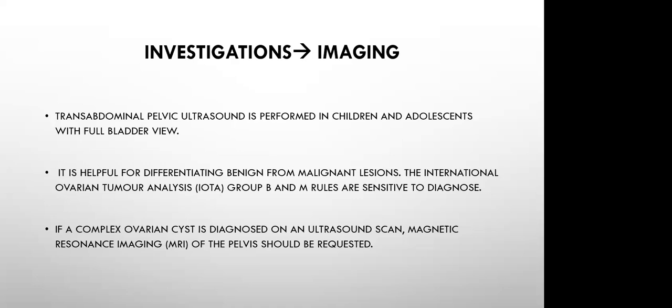Is that clear? If you need to remember that, please revise the flow chart in GTG 34, postmenopausal ovarian cysts management, in the last part of the guideline. Please revise the flow chart very well. You will understand what I say about the CT use versus MRI use.